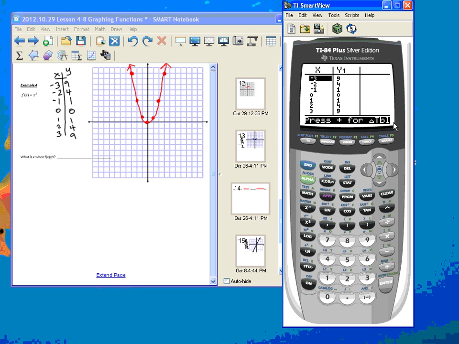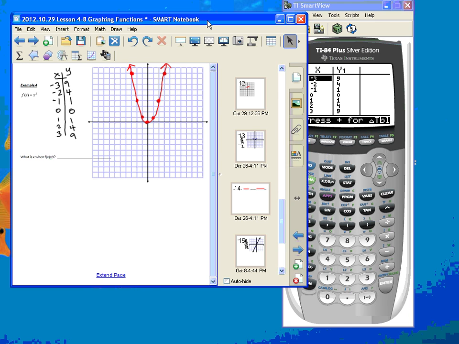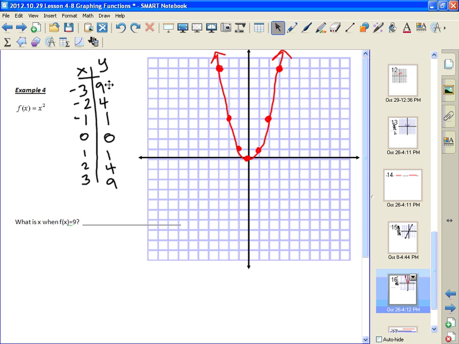Okay, so what do I look for there? It'd be both of them, right? So on this one, when y is 9, the x value is -3 and +3. So there's two answers there. So you should put -3 and +3 for your answer.